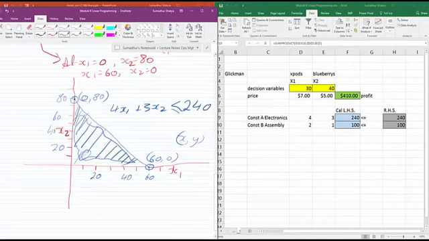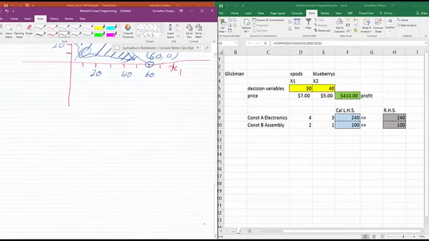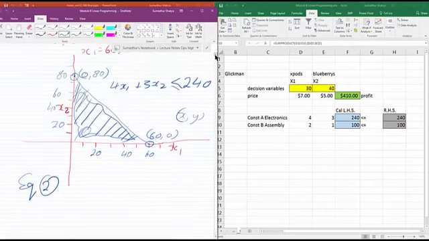But in order to maximize, we have to be somewhere on this line, which is also called an isoprofit line, because at any given point on it, your profit would be the same. But this is only one constraint for the electronics. The second constraint we have is for the assembly. So let's solve for the assembly constraint as well using equation 2. Let's see what our equation was.